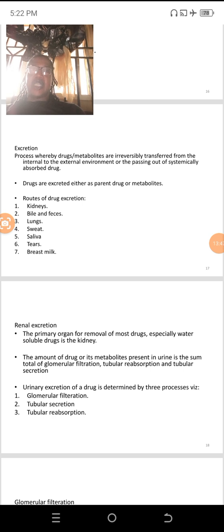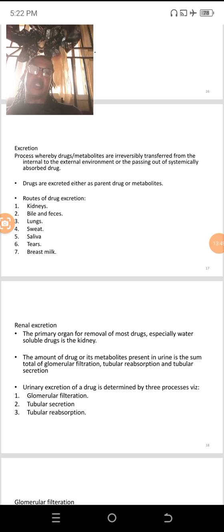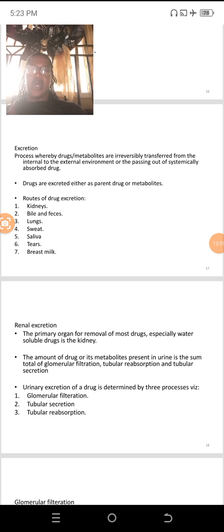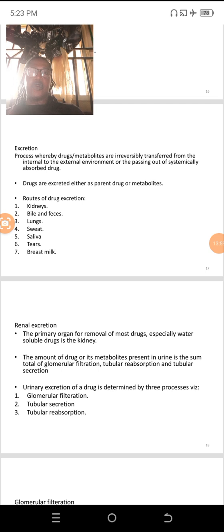The most important, by far the most important among all these routes is the renal route. And the kidney is the primary organ for removal of most drugs, especially water-soluble drugs. Then the lungs also is important for volatile drugs.